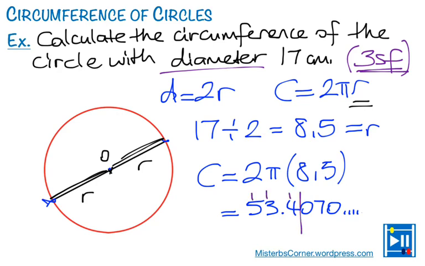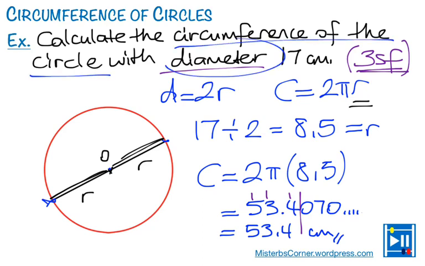Well, I have 0 here, so there is nothing to add to the left-hand side. I'm going to end up with 53.4 centimeters. So this is how I deal with the circumference of the circle. If I'm given a diameter, I have to divide the given diameter by 2 to find the radius, and substitute into the formula and calculate.